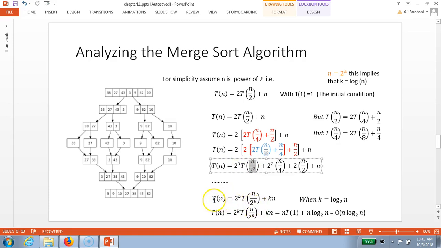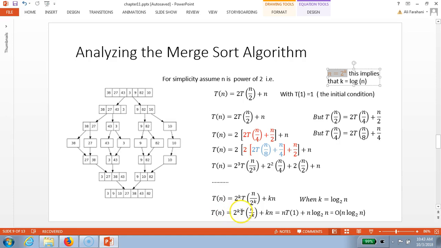So you are going to come up with t of n is equal to 2 to the k, t of n over 2 to the k plus k times n. And due to this relationship between n and 2 to the k, k will be equal to log base 2 of n, and the original expansion will become this.